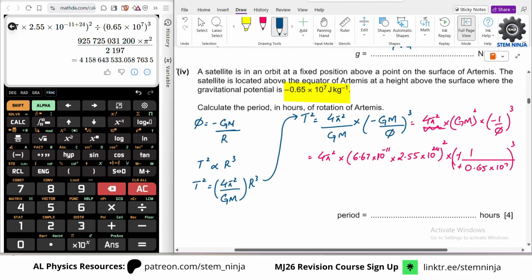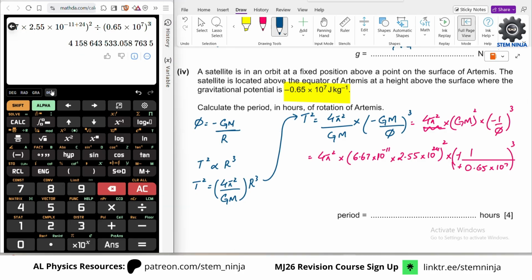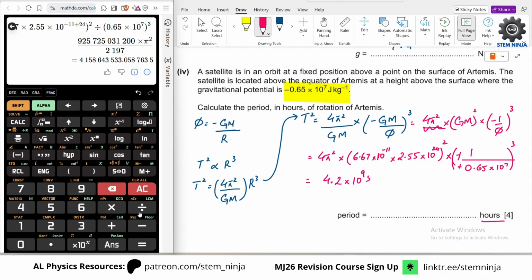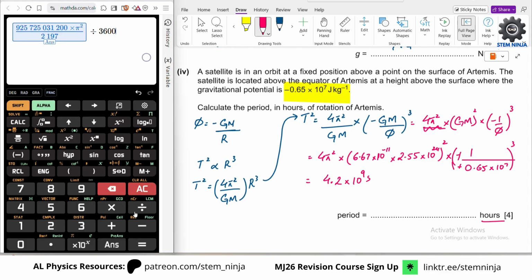Okay, so we need to convert it into standard form, so let's do that. As you can see, 4.2 × 10^9. This is in seconds. We need to convert it into hours. So whatever the answer is, we divide by 3600.